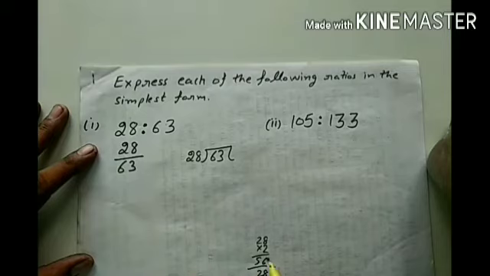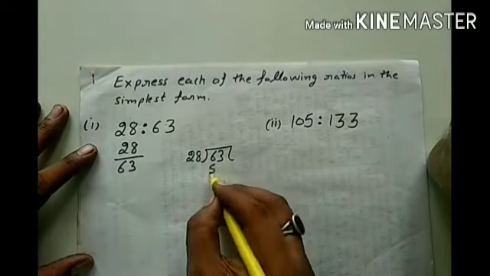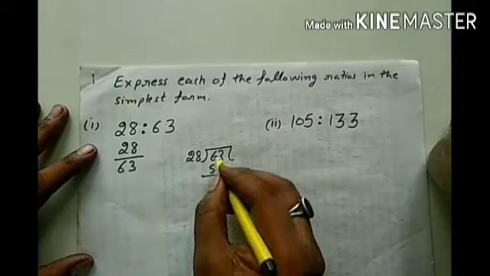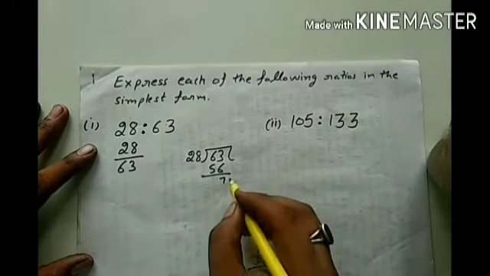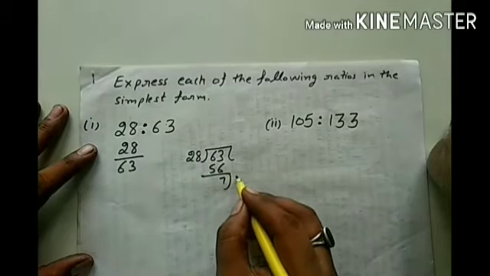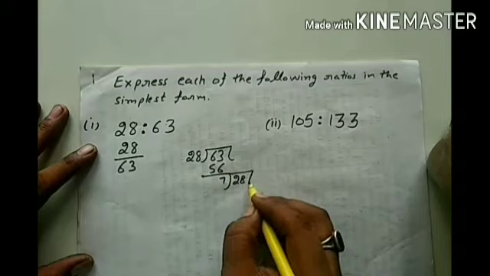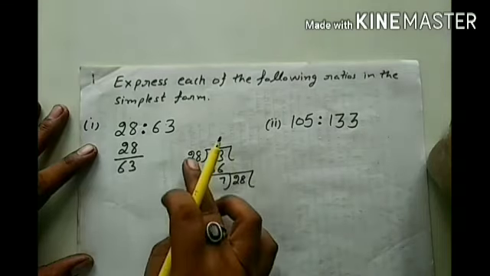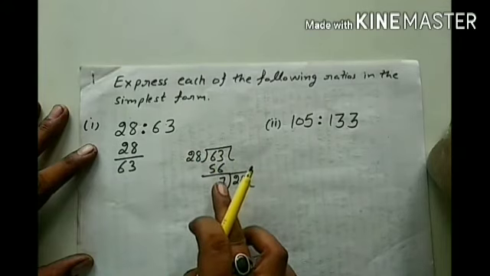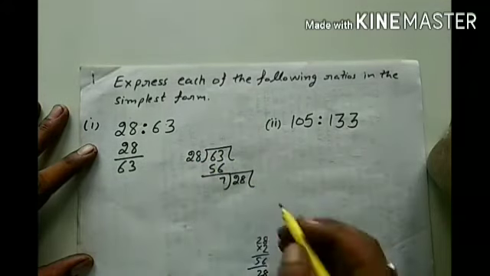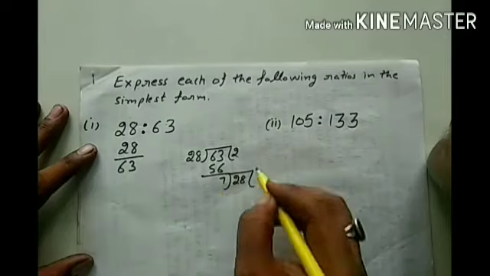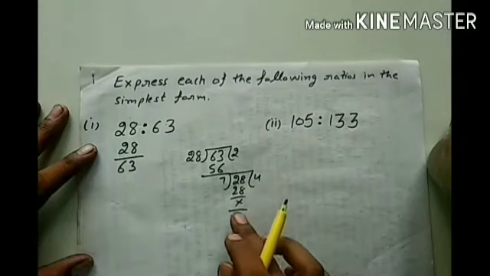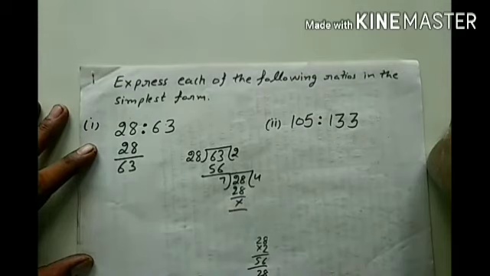This is greater, so I have to write 56. Now I will subtract, and the remainder is 7. As we are adopting long division, I will divide this divisor with this remainder. Here I will have to write 2. Now 7 fours are 28. Whenever I get the remainder 0, that is my HCF.